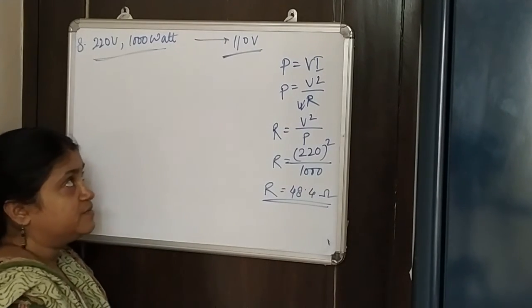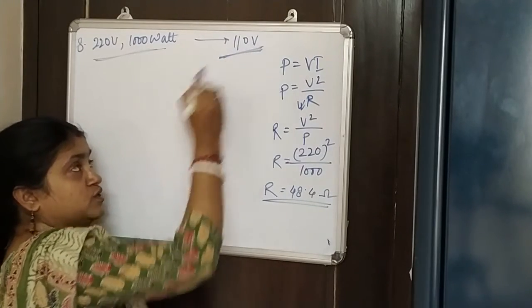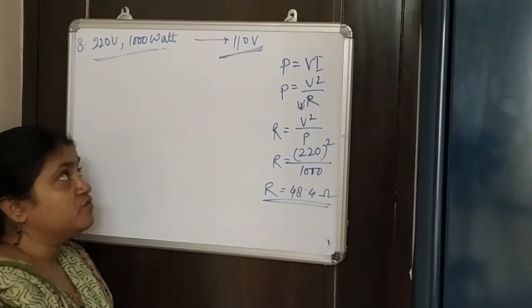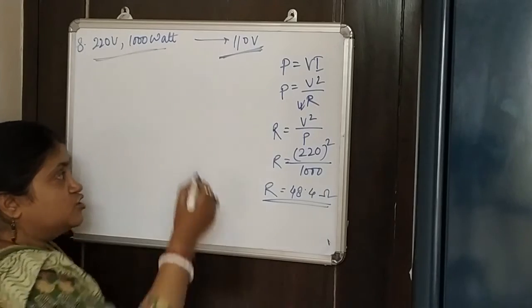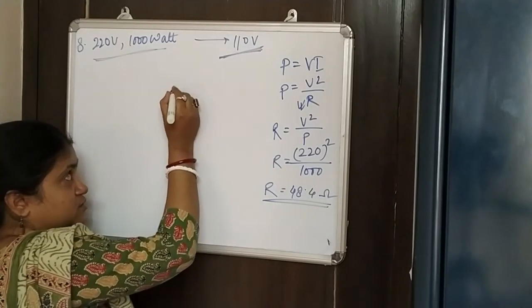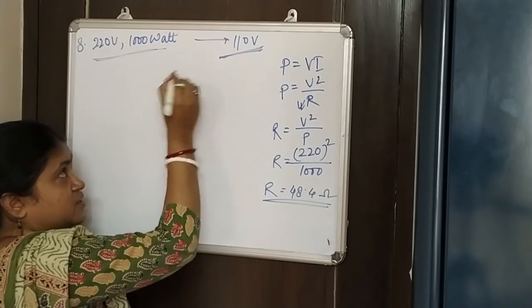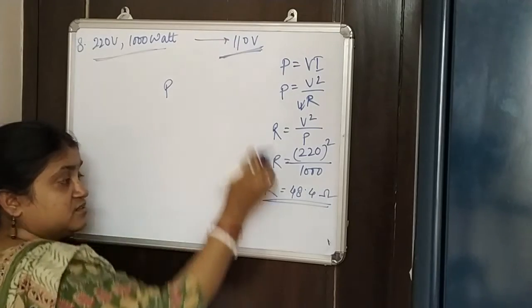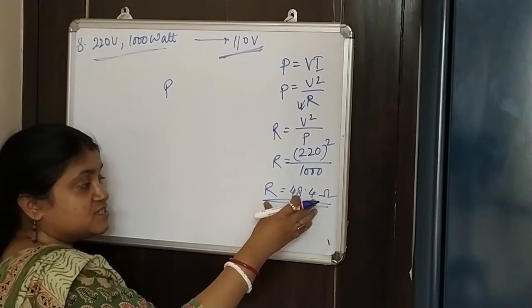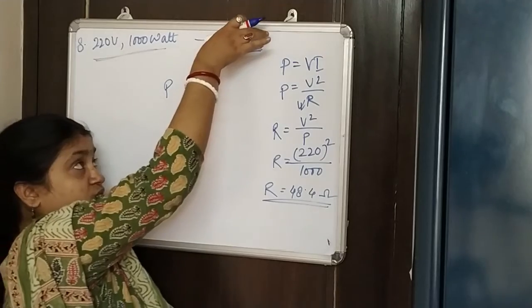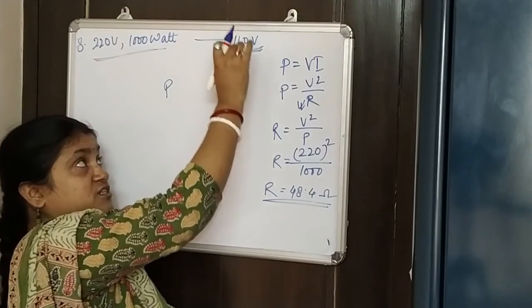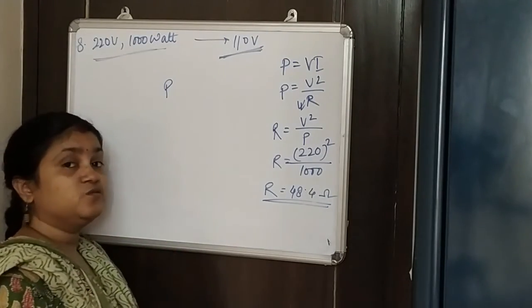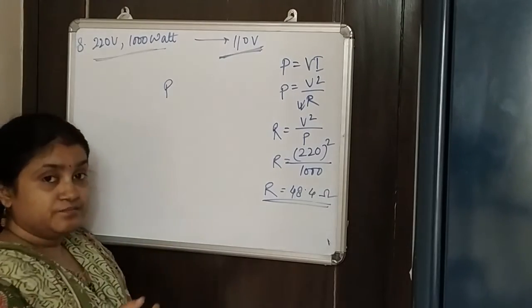Now this bulb is connected to a supply of 110 volt. The resistance won't change, so this is the same resistance, and now the voltage is 110 volt, and we need to find the power consumption.